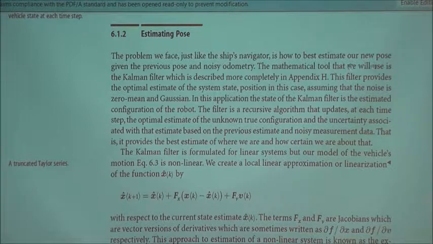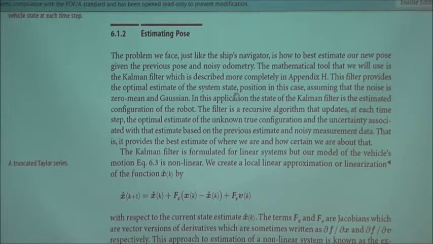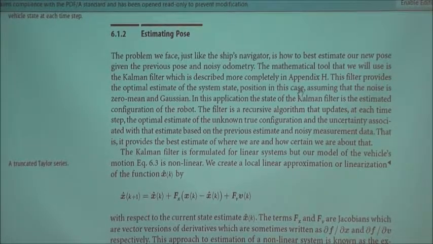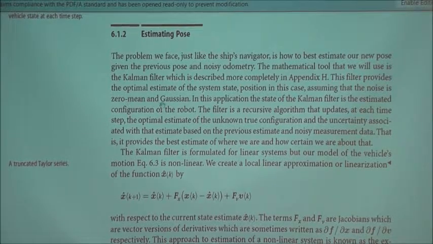The mathematical tool that we will use is the Kalman filter, which is described more completely in Appendix H, which I briefly showed to you in the first lecture. This filter provides the optimal estimate of the system state, position in this case, x and y, assuming that the noise is zero mean and Gaussian.